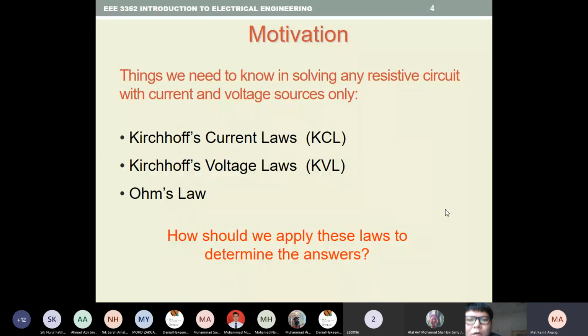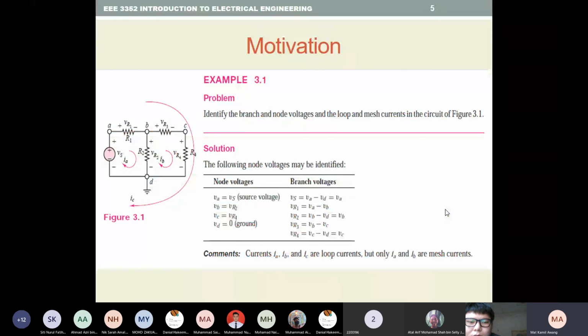We will learn this. Okay. For example, you have that circuit. So you need to identify the branch and node voltages and the loops and mesh currents in the circuit of figure 3.1.